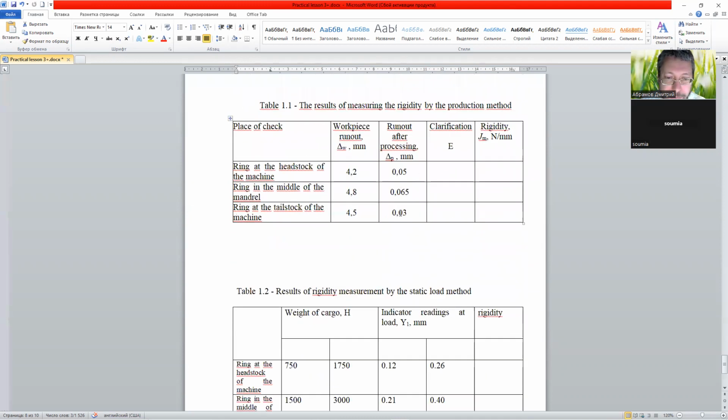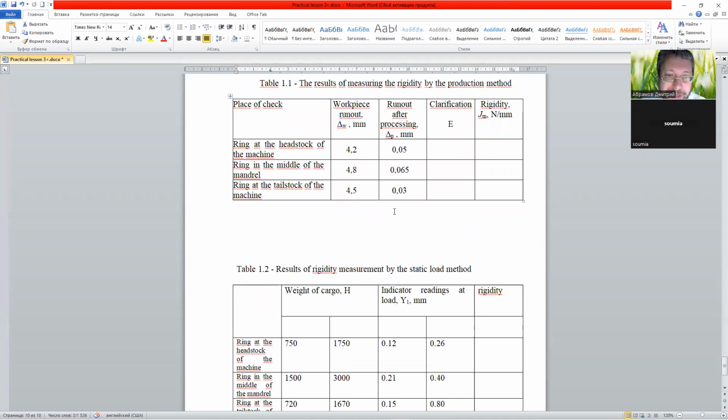For this calculation, we should use these parameters. Workpiece runout delta_W: for the first ring it is equal to 4.2, for the middle ring 4.8, and for the third ring, the ring at the tailstock of the machine, 4.5.